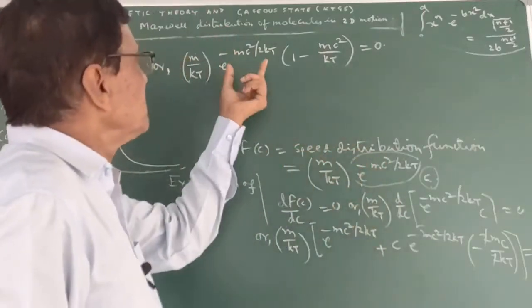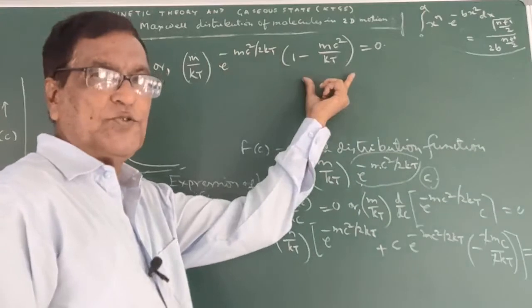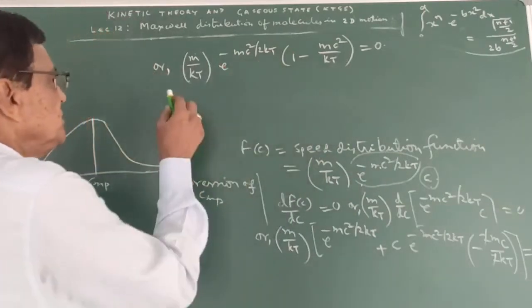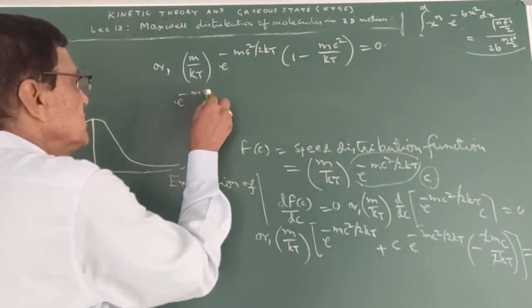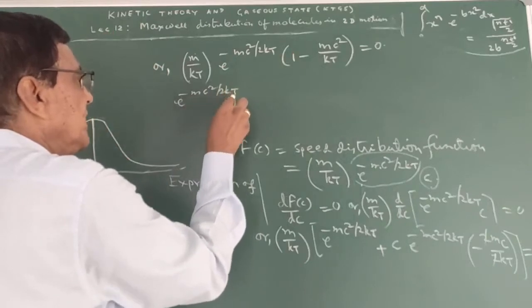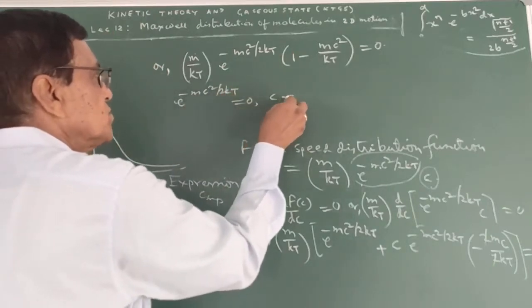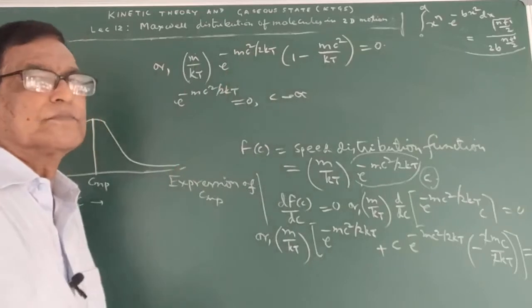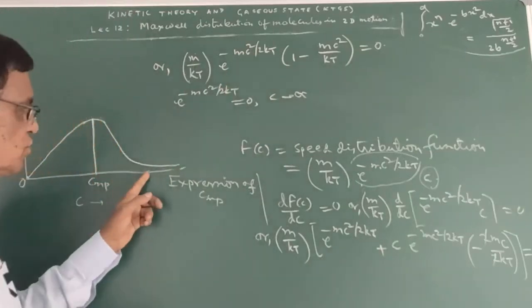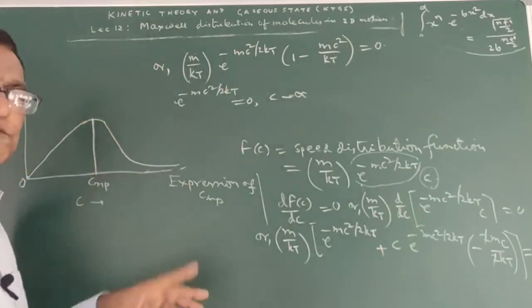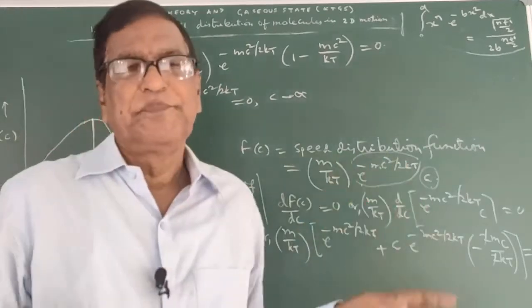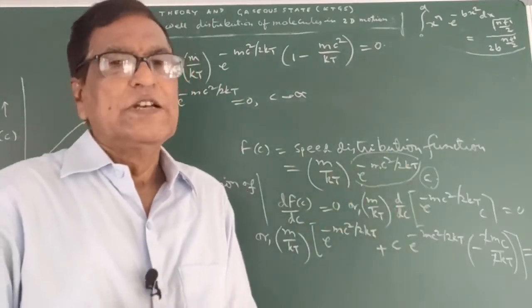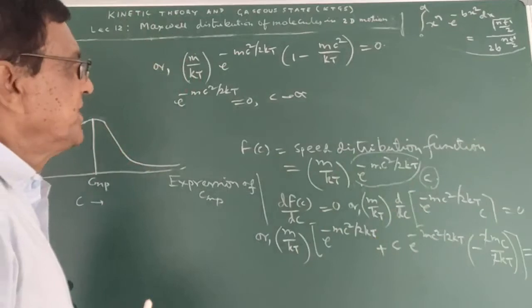So either this may be 0 or this may be 0. When e to the power minus mc square by twice kT equals 0, then C tends to infinity. When C tends to infinity, this curve gives the minimum value, so this one is rejected.